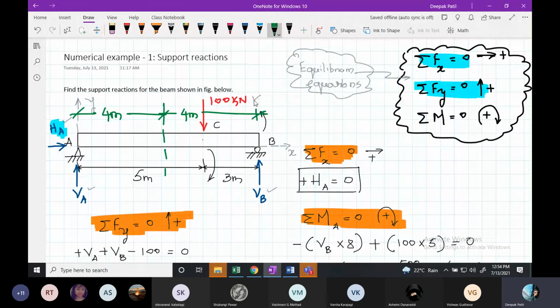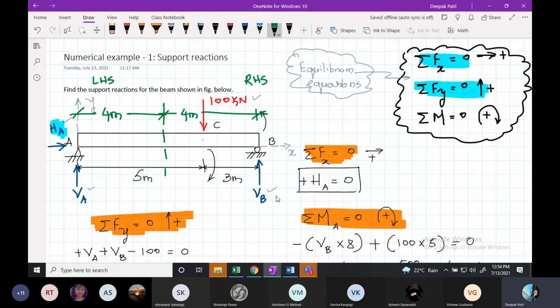So you can see this 100 kilonewton is falling on the right hand side of the beam. This is the right hand side, and this is the left hand side of the beam.